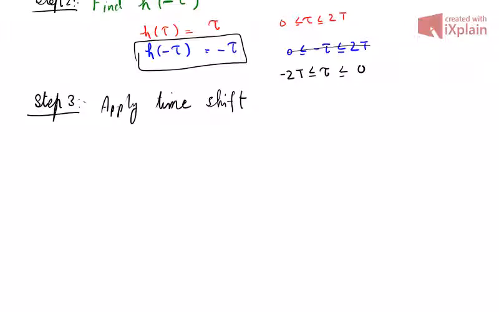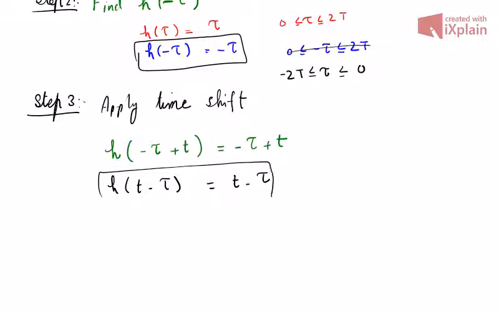So we have a variable h of minus tau plus t, or simply you can say h of t minus tau. This is the equation of the impulse response which will be used in the integral.